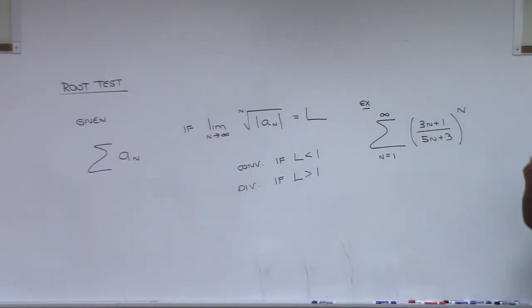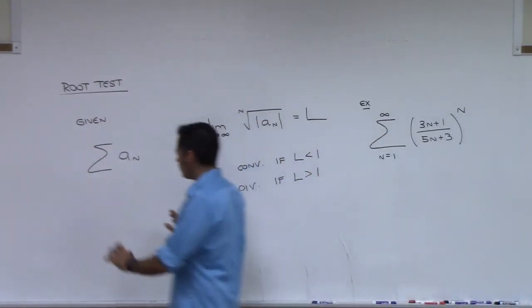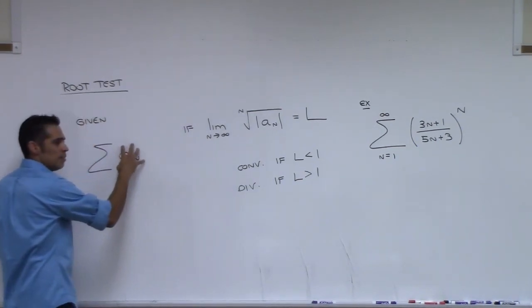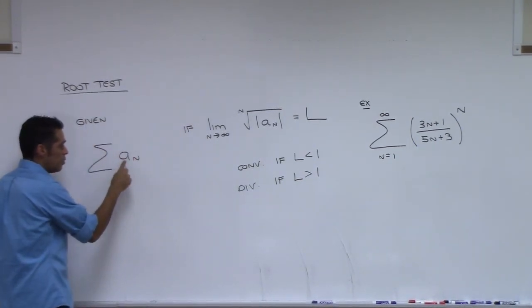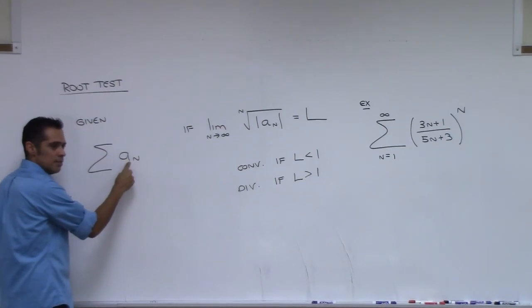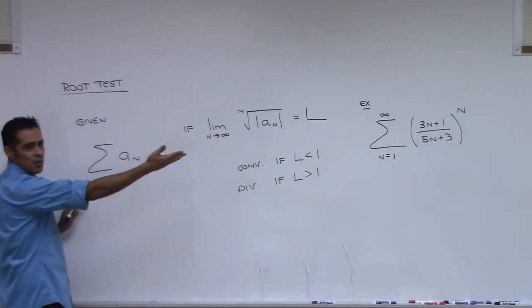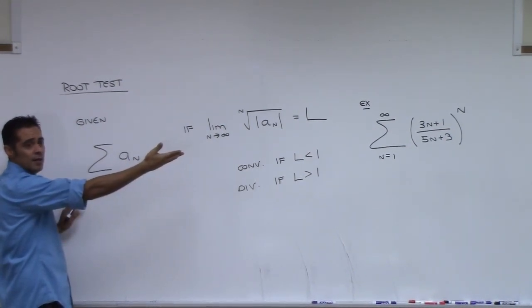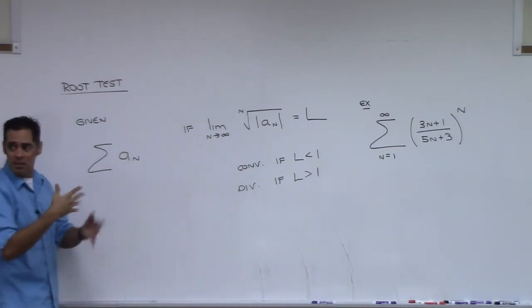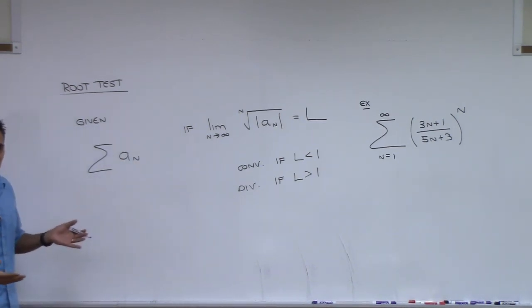Now, could we use the ratio test? We could try it, right? But this is set up for the root test. It's perfect for the root test. We're going to take the nth root of this, and this whole thing is raised to the nth power, so the power and the root are going to cancel each other out.